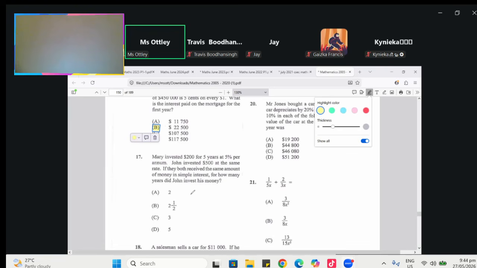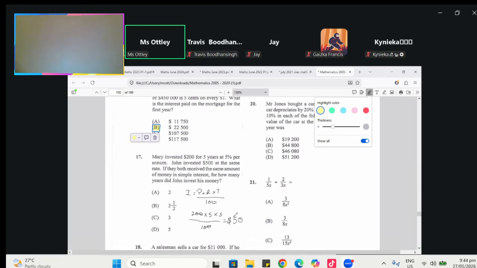So let's calculate the interest using Mary's information. We know that our interest is principal by rate by time over 100. So that's 200 multiplied by 5 multiplied by 5 over 100. Our interest is $50, right?